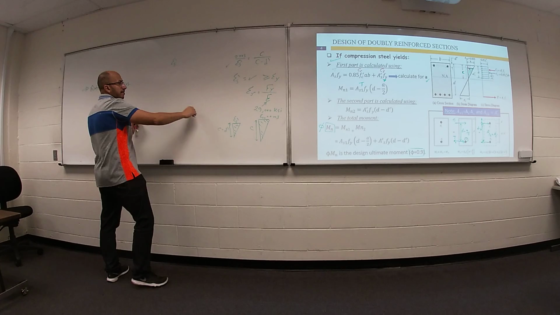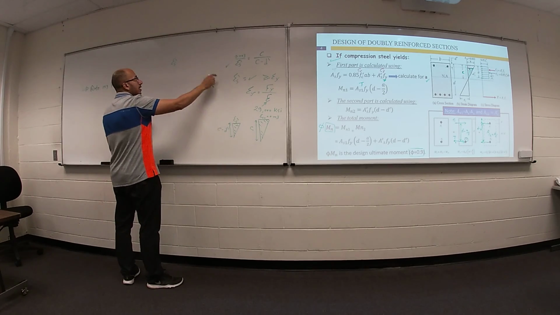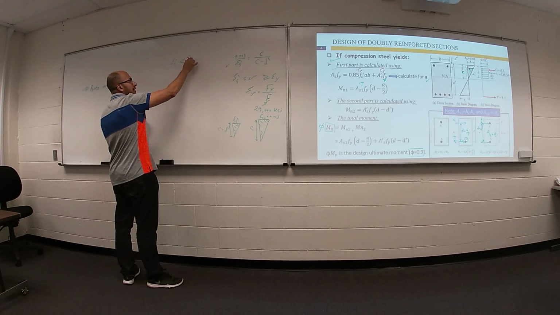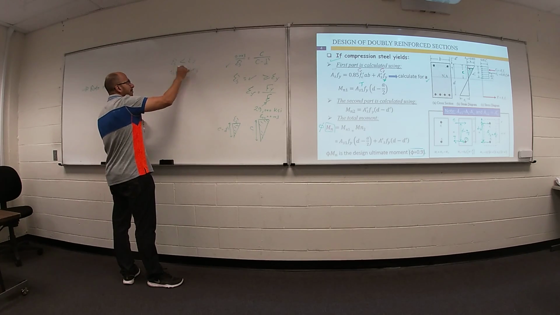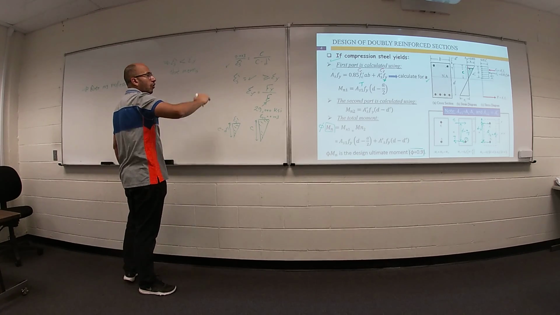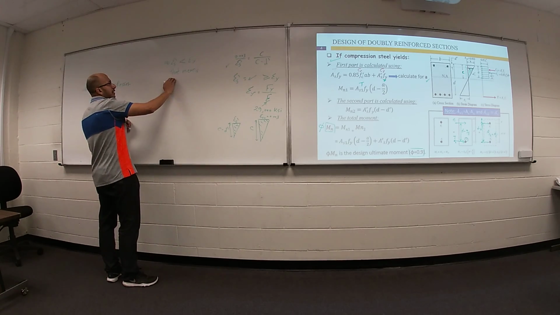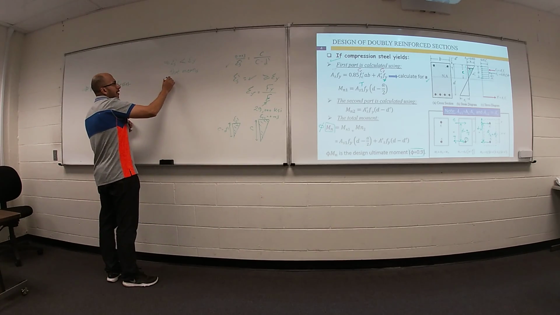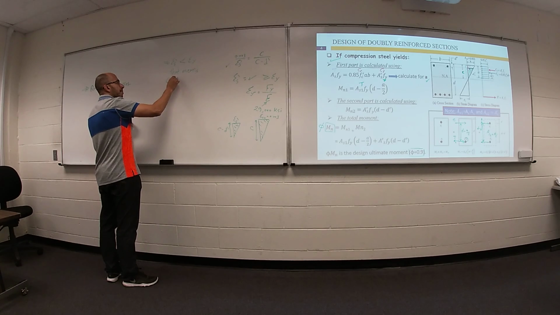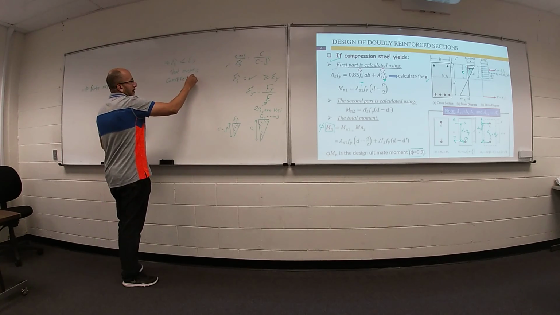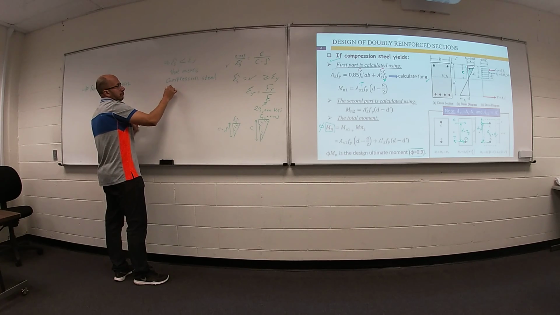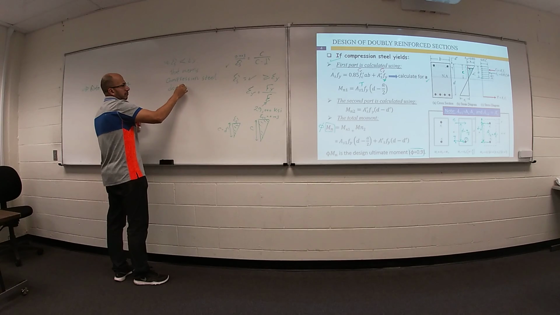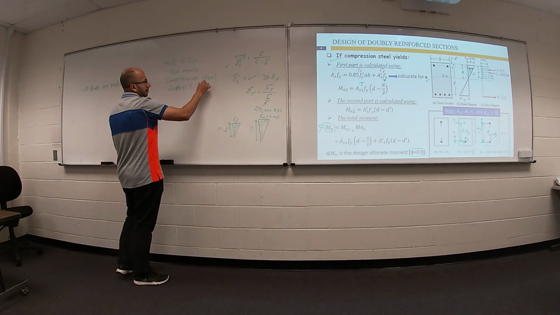Today we will talk about what happens if epsilon steel prime is smaller than epsilon yield. If this happens, we need to repeat all of our calculation. That means the compression steel does not yield.